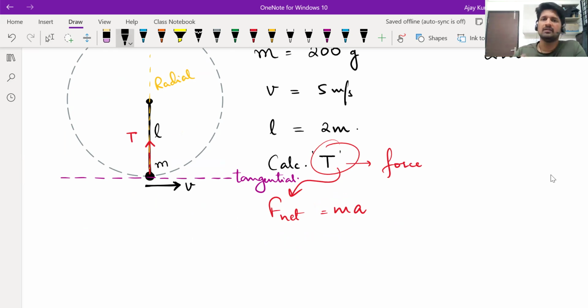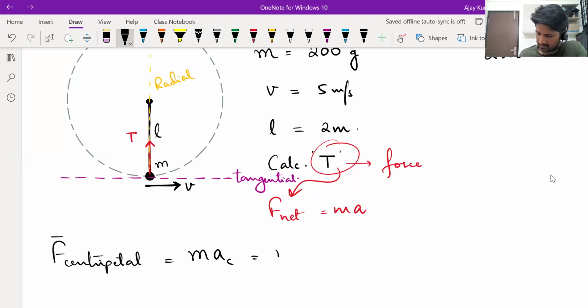Centripetal force equation includes the radial forces. So we are going to write centripetal force is equal to mass into centripetal acceleration, that is mv square by r. In this equation, we should involve tension, and automatically it will get involved.